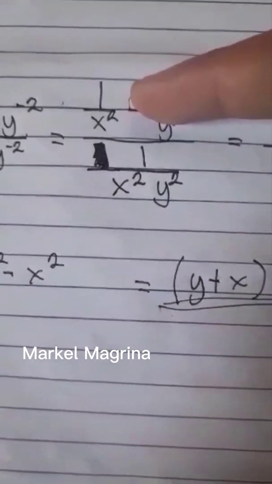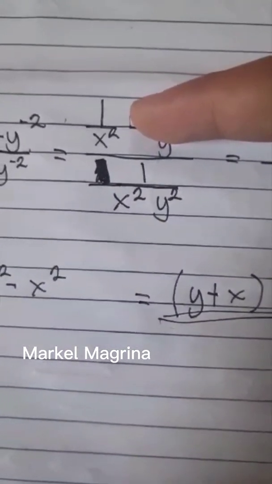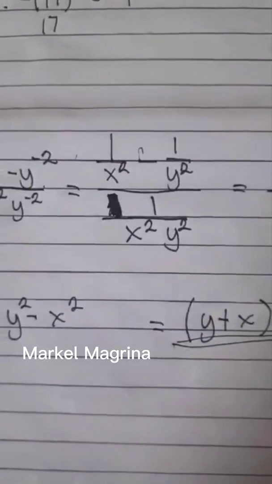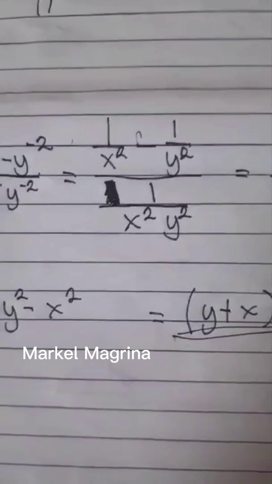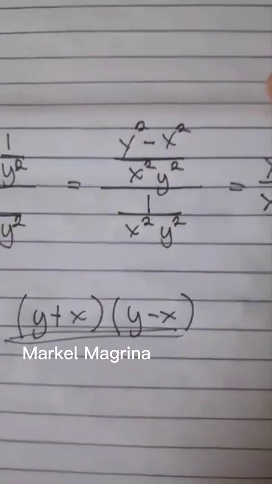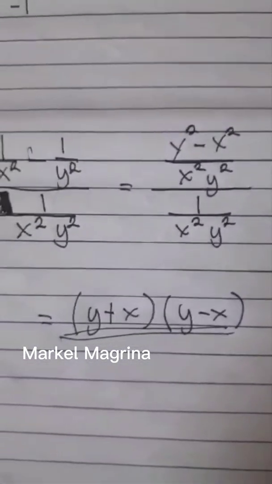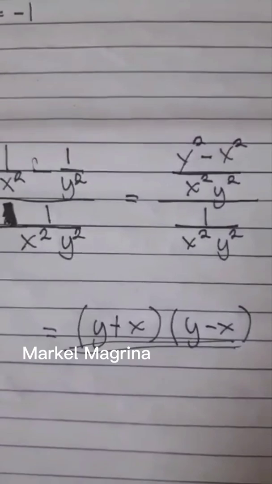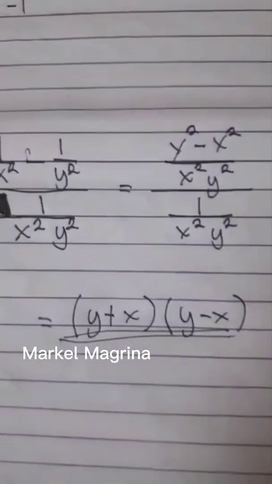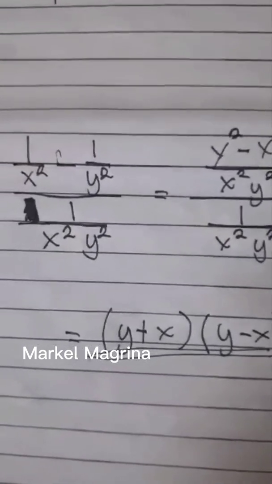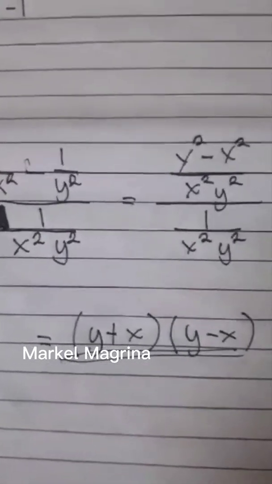The GCF is x to the power of 2, y to the power of 2. So, x to the power of 2, y to the power of 2 divided by x to the power of 2 is equal to y to the power of 2 multiplied by 1, which is y to the power of 2.